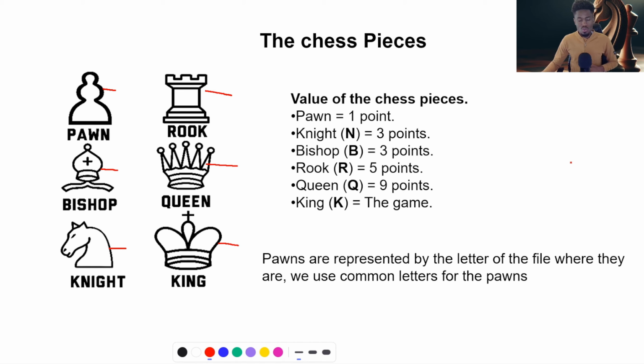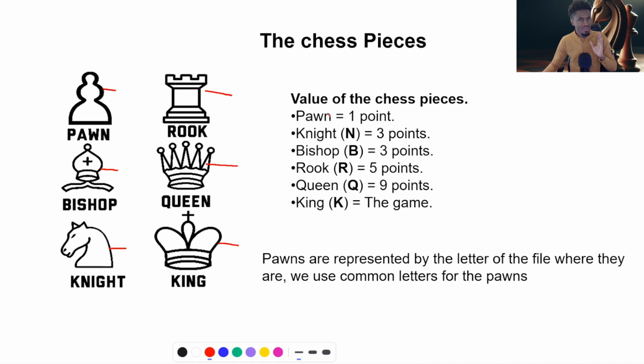Now, each one of the pieces has a value, and the value of the piece goes according to the strength and importance of that piece on the chessboard. The value of the pieces is the following. The pawn is worth 1 point. In this part, we are also going to talk a little bit about notation, what letter represents each one of our pieces.